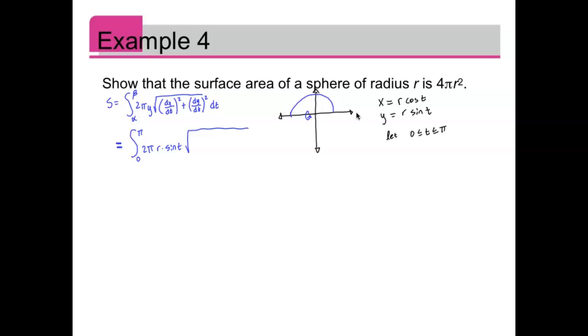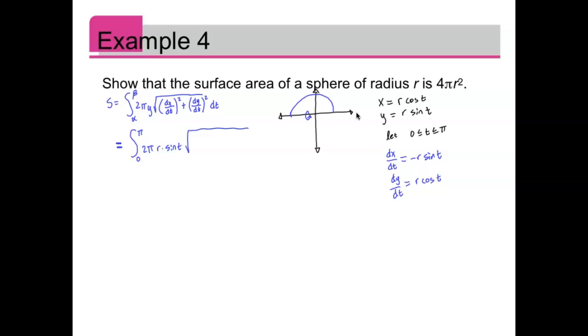So off to the side, let's figure out what dx/dt and dy/dt are. dx/dt would just be the derivative of r cosine t, so that would be negative r sine t. And dy/dt is the derivative of r sine t, so that would be r cosine t.